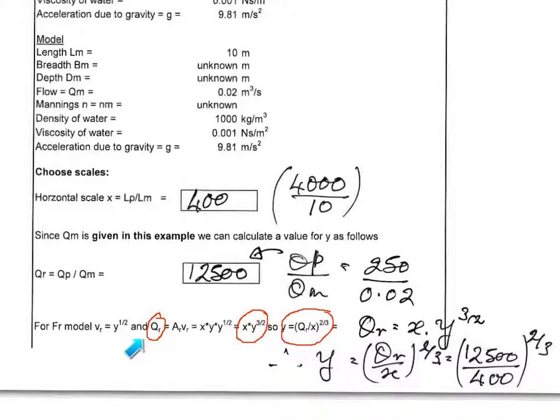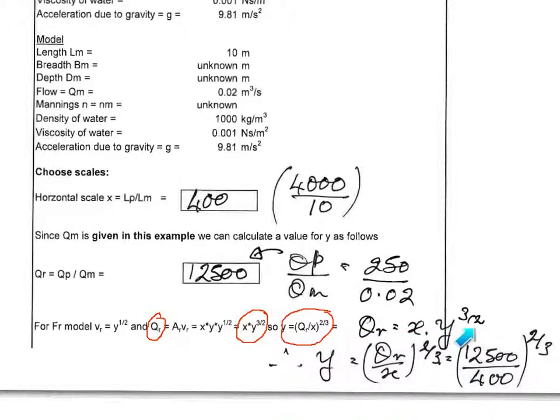In fact, the way we do it is we make use of the relation that we just talked about at the end of the previous problem, that the ratio of the flows, prototype to model, QR, is xy to the 3/2. And if we're given QP and QM so that we can calculate QR, and we've chosen x on the usual basis of the length of the prototype to the space in the model, then of course the only unknown thing is y, so we can calculate a y from that data.